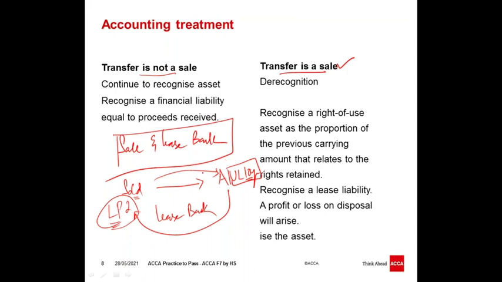We have sold the asset having a useful life of 10 years, but we have only borrowed this asset for 2 years. After 2 years, we need to return this asset to Mr. A. So it is actually Mr. A who is enjoying the whole life of the asset. So that's why you can say this transfer is a sale.